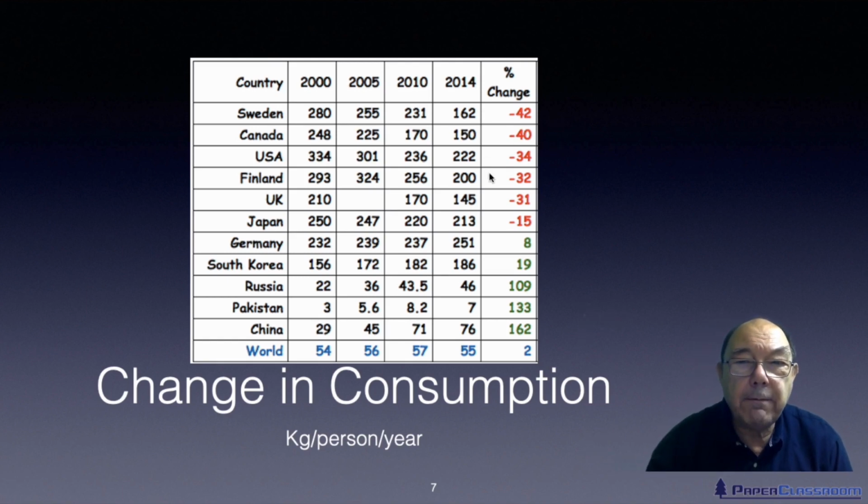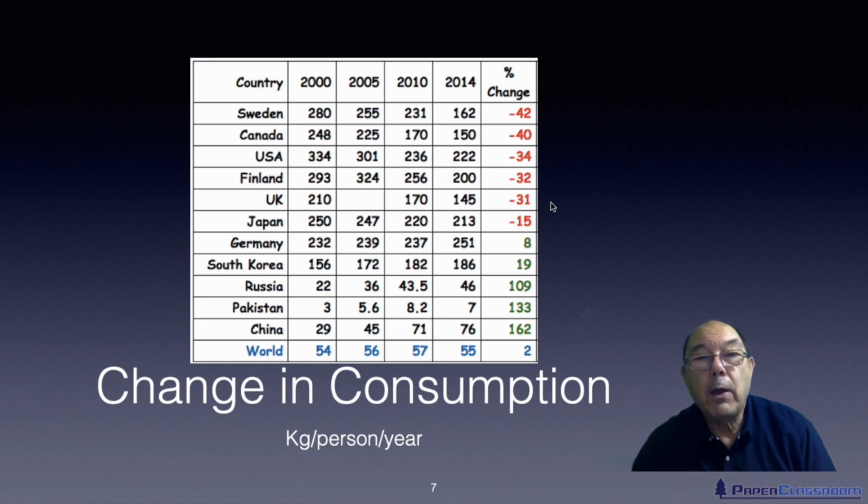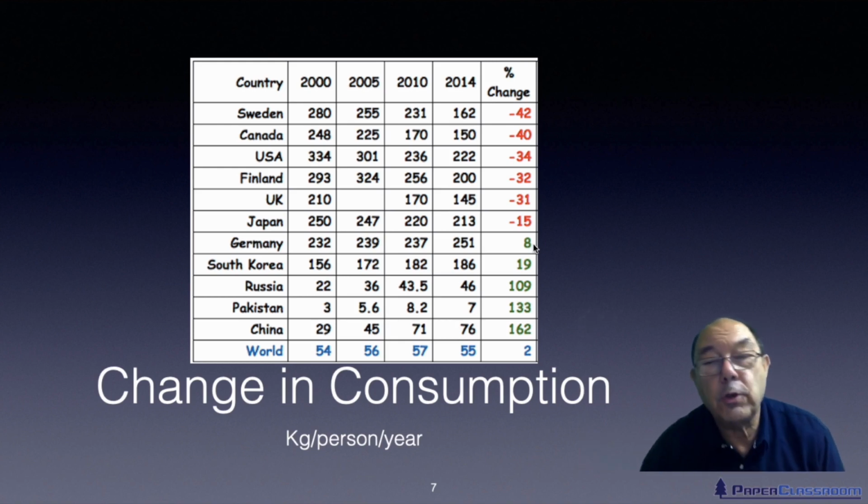The USA, Finland and UK have reduced their overall consumption of paper and board by over 30%. Japan's reduced it by 15%. Germany, as I said, was unusual in Europe. That was increasing its use of paper and board as well as increasing its production, up here by about 8%.